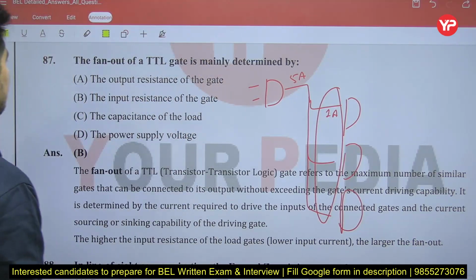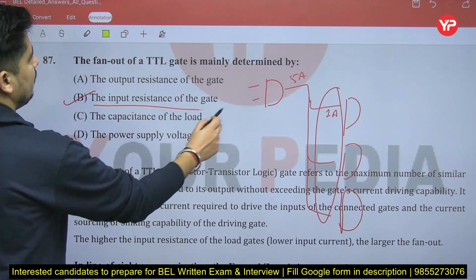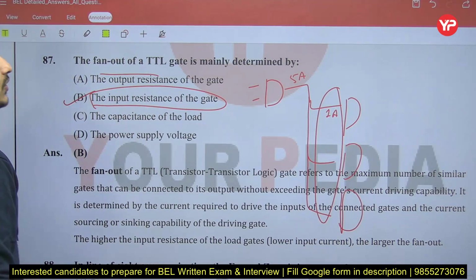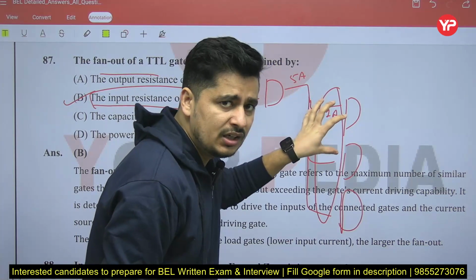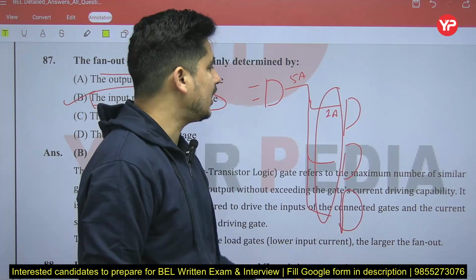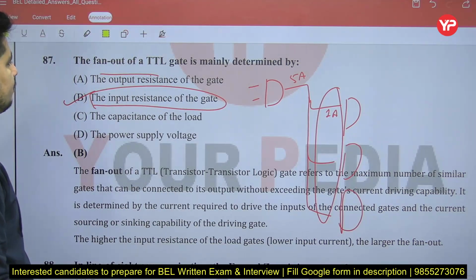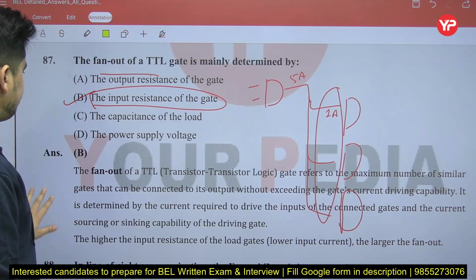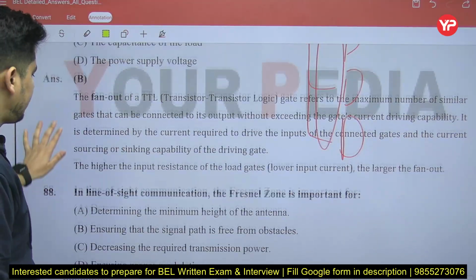So it is determined by the input resistance. Output resistance, no. Fan out will not depend on the output resistance. Fan out means how many similar gates you can connect at the output of a gate, so it depends on the input resistance of that gate, not on the output resistance. Capacitance and power supply will not affect that.